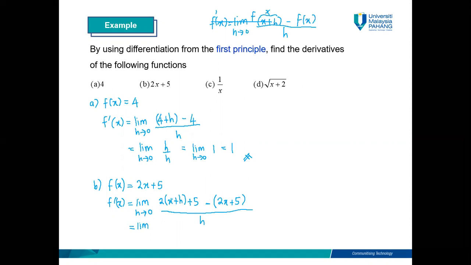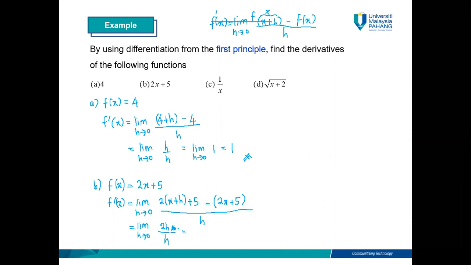So limit dia akan jadi 2x minus 2x habis. So yang tinggal adalah 2h plus 5 minus 5. So 5 pun habis over h when h approaches to 0. Okay, ni cancel.